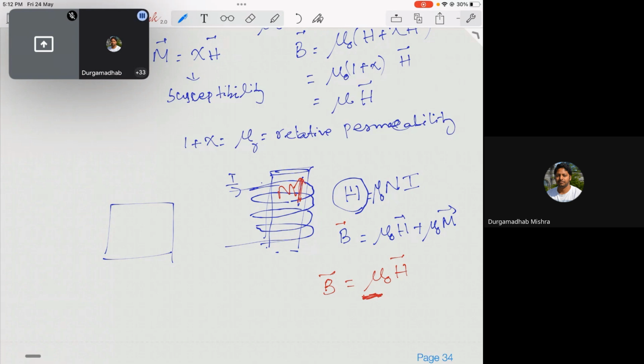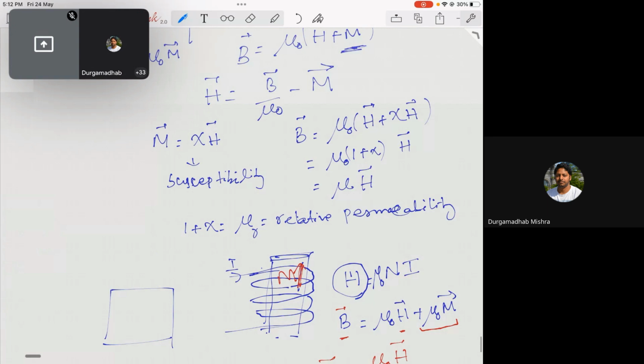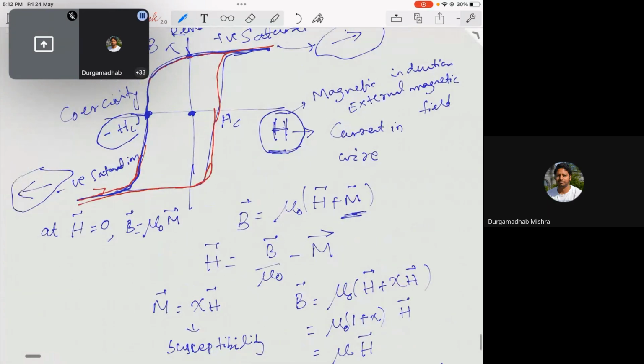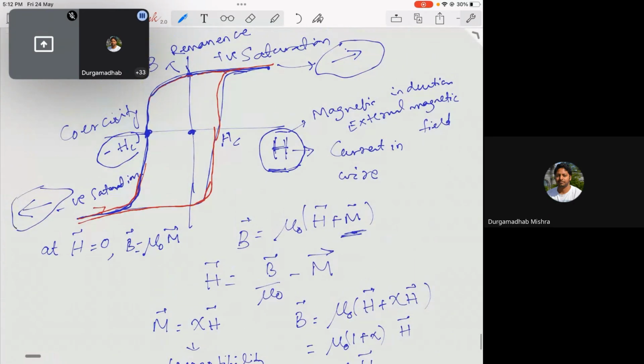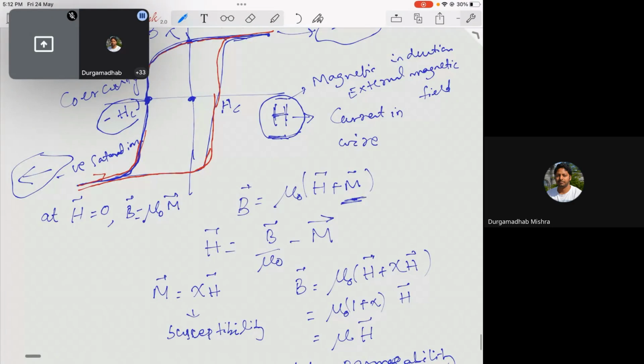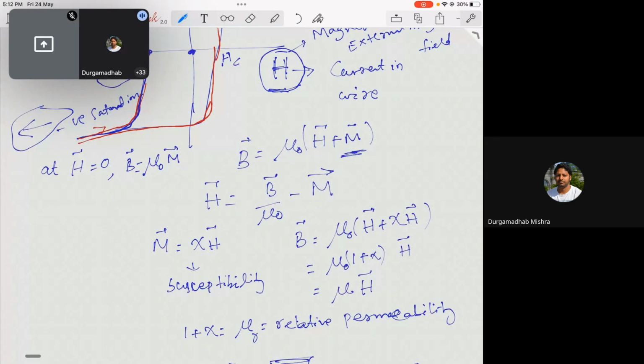Otherwise, if there is a material and a magnetization, B and H will be different. H is simply due to the external field, a current carrying wire that produces H.